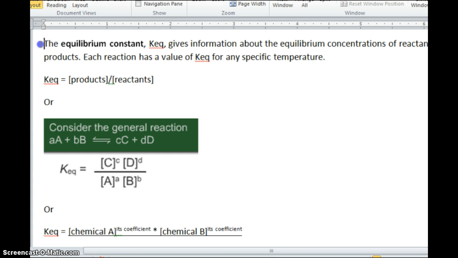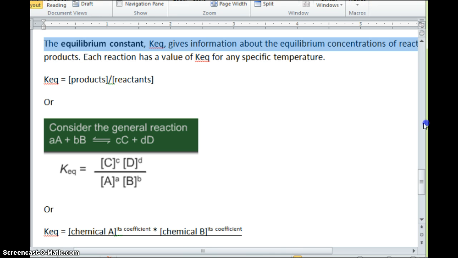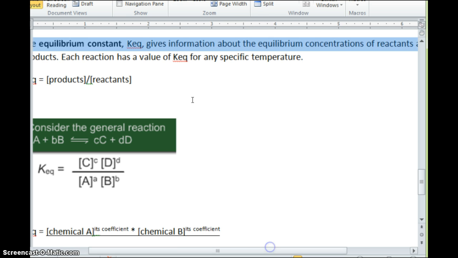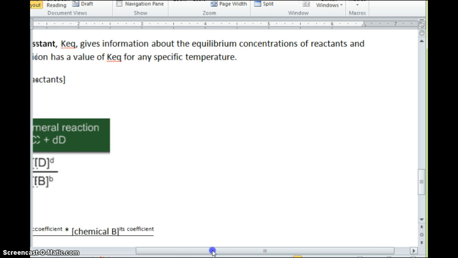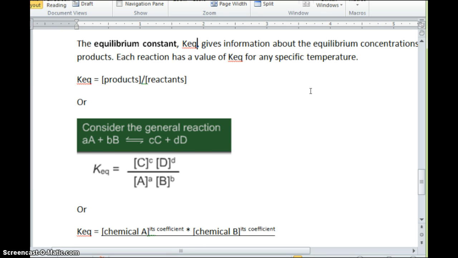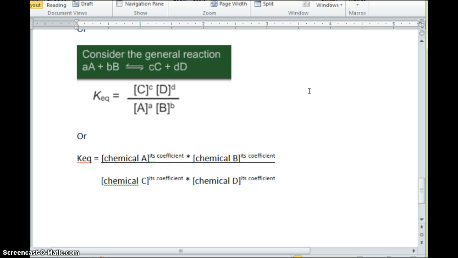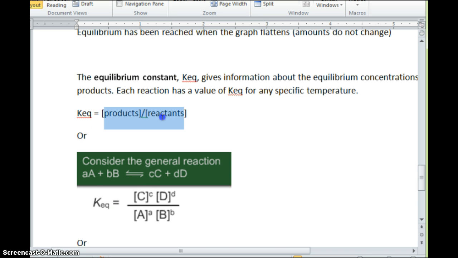All right, so copy down about the equilibrium constant. Sorry, I zoomed in here so we could see it all. K sub EQ gives information about the equilibrium concentrations of reactants and products. Each reaction has a value of K sub EQ for any specific temperature. So you can either say it's the concentration of products over reactants.